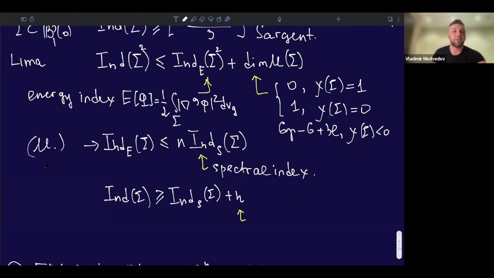And another lower bound was proved for hypersurfaces. So sigma has dimension n-1, also by myself, and the lower bound has two terms: the spectral index, and n, as before, the dimension of the ambient ball.